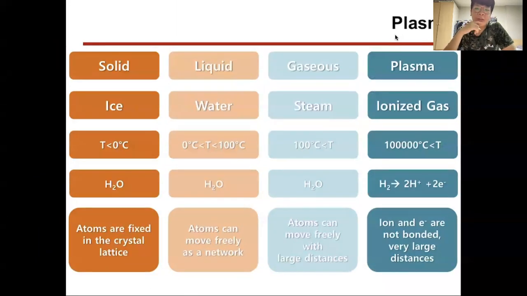In plasma, atoms, electrons, and ions are separated, so it has electrical monopoles. So we can use electric fields or magnetic fields.